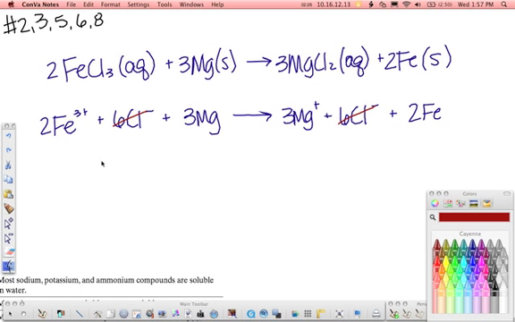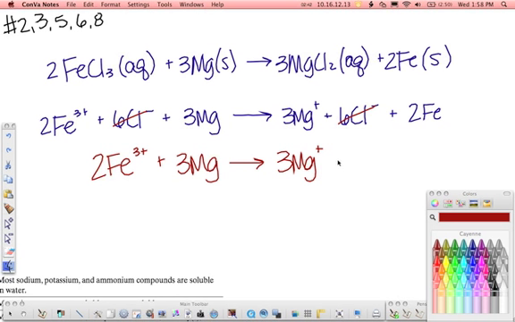And so our net ionic equation on this one is 2 iron ions plus 3 magnesiums gives way to 3 magnesium ions and 2 irons. Looking at this going, this is not balanced charge-wise.